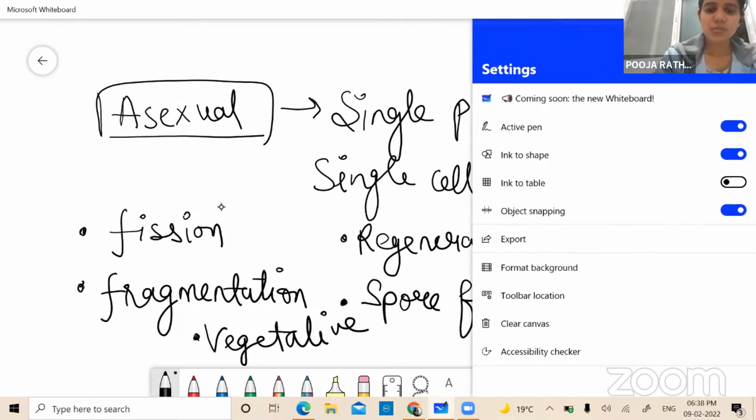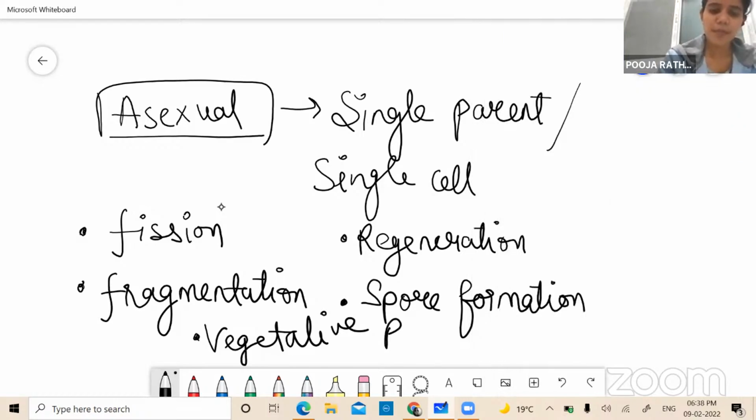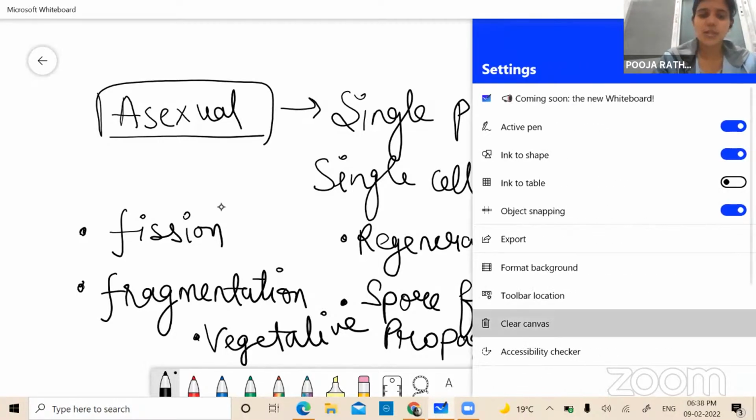Okay, so let's know about them. The first one is fission. What is fission? Let's learn.